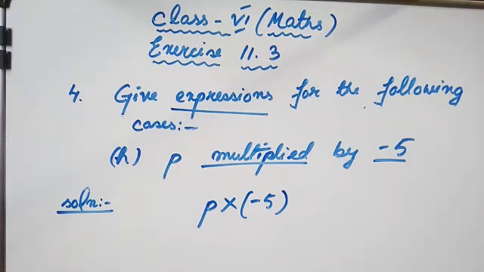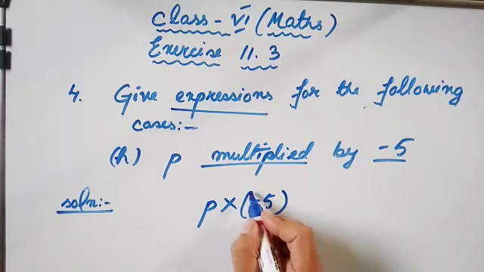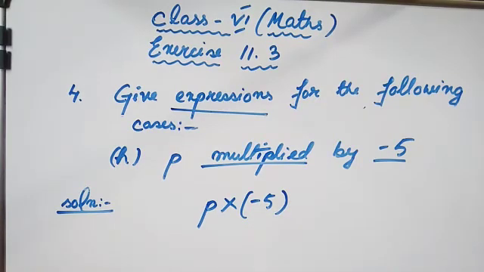Okay, so in maths, when we have two consecutive signs, it may be into or it may be minus, we will always put a bracket. Understood? So p multiplied by minus 5. This is not the final step. So our final step will be minus 5 into p, right? There's no need to write into again. So minus 5p. Understood? So this is our final answer for this statement.